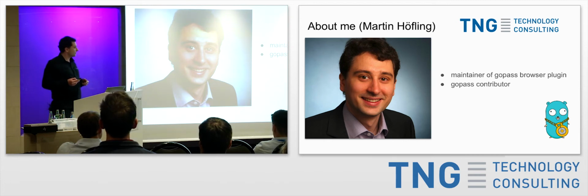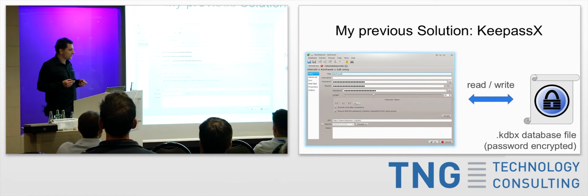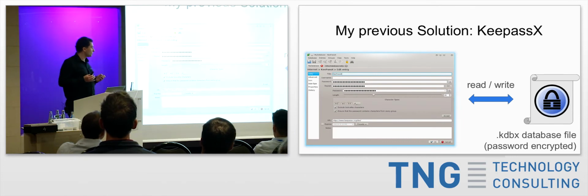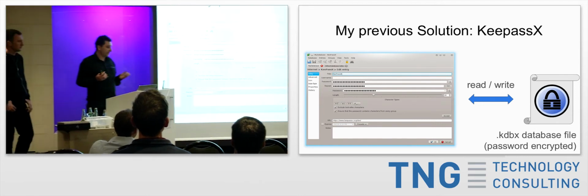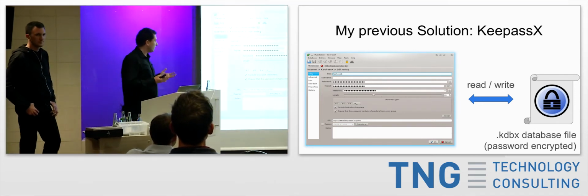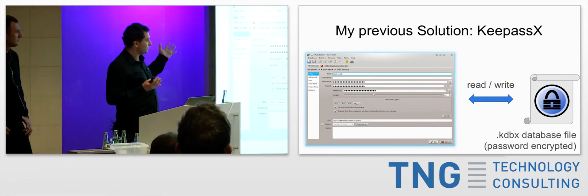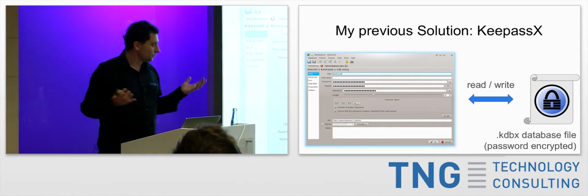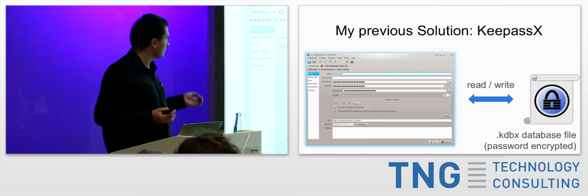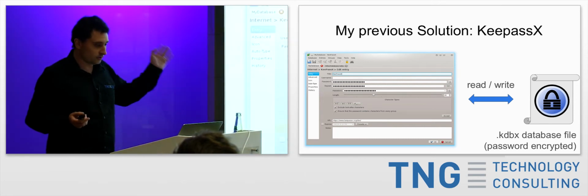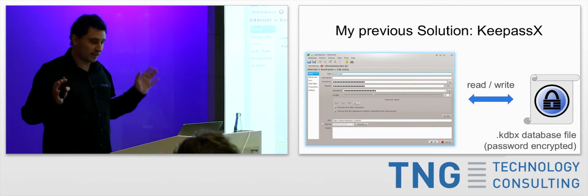The reason why I was looking for something new was that I was not so happy with my previous solution. I used KeePass, or to be more concrete, KeePassX, which is a pretty nice tool. It basically writes and reads from a single database file, and you can store multiple entries. It also allows you to auto-generate passwords and store metadata, so that's all fine.